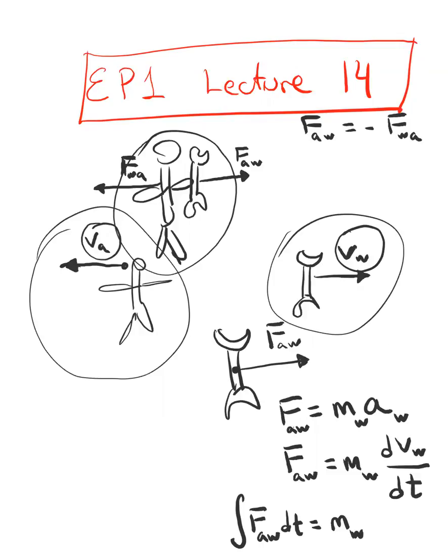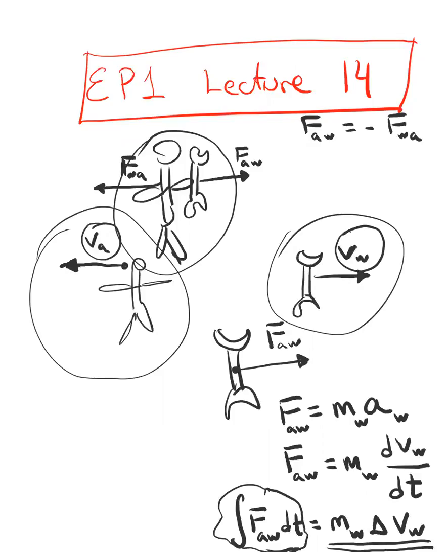And the integral of derivative is the velocity itself, of course. So the effect of this force will be that my velocity will change. So, okay, some force happened, and as a result, my velocity changed.